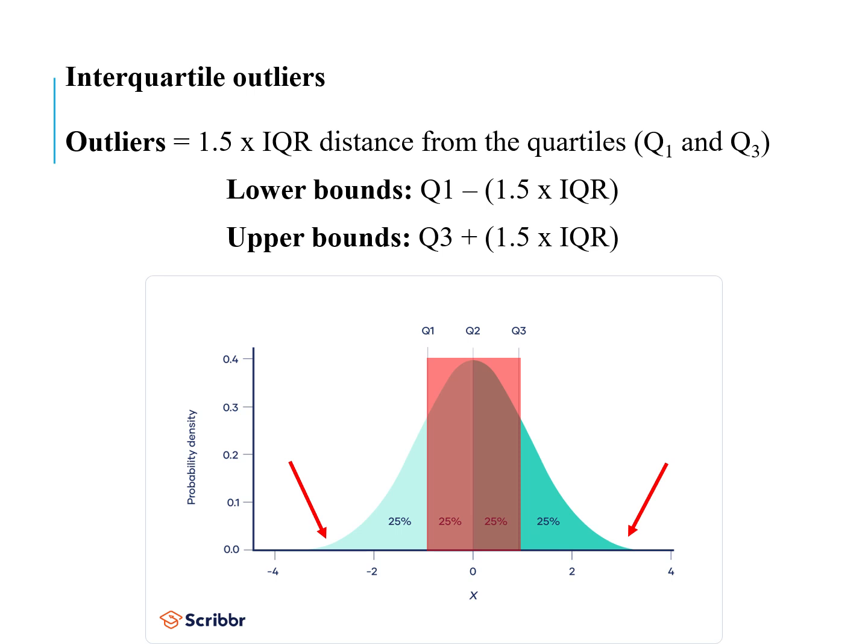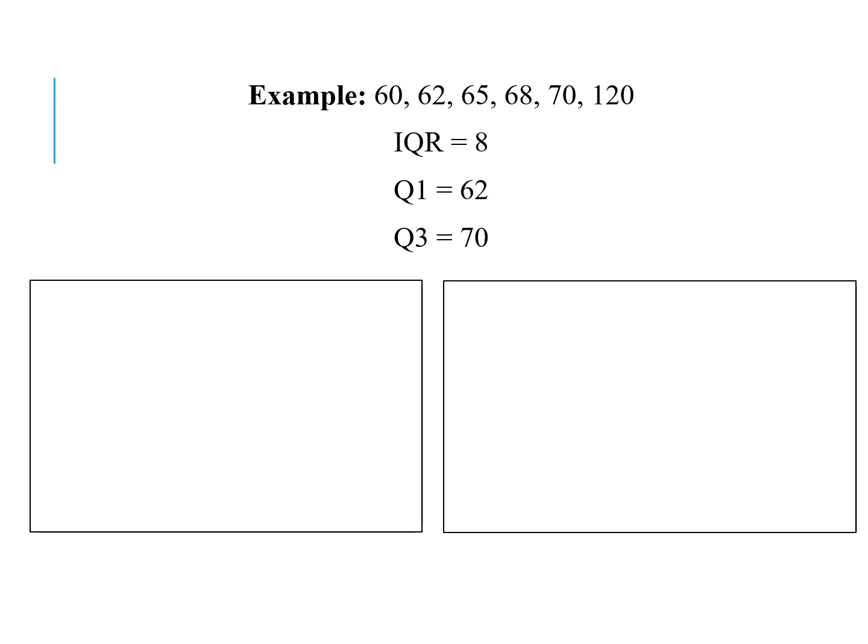For the lower bounds, the outliers on the left side of the graph, the equation is quartile 1 minus 1.5 times the interquartile range. For the upper bounds, the outliers on the right side of the graph, the equation is quartile 3 plus 1.5 times the interquartile range. Let's try this example.